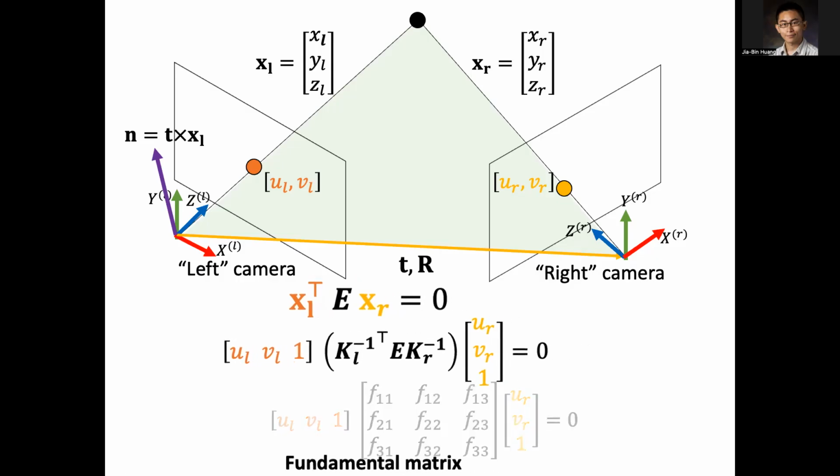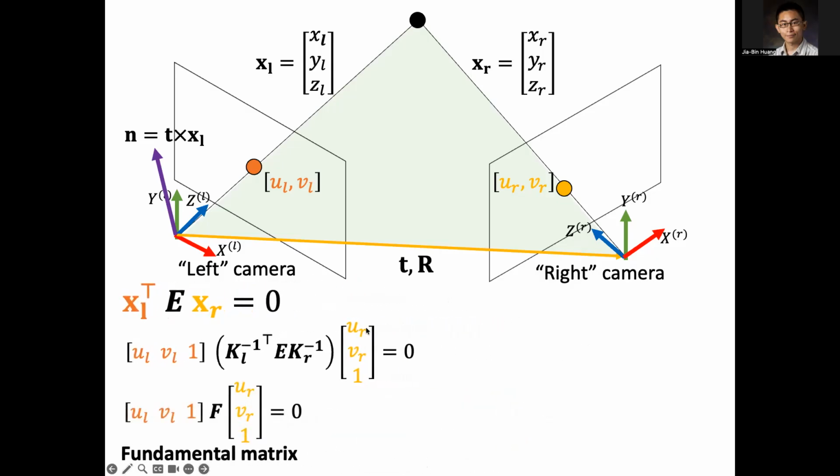But now the question is, how do I find this F? If I know the correspondences, I can solve for F. And if I know F, then given any point, I know where to find the correspondence in the other image.